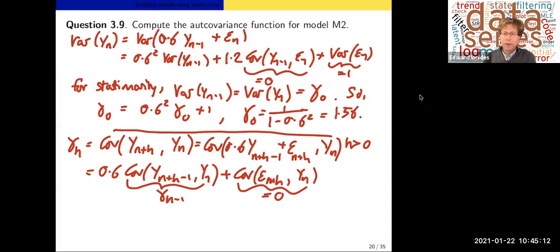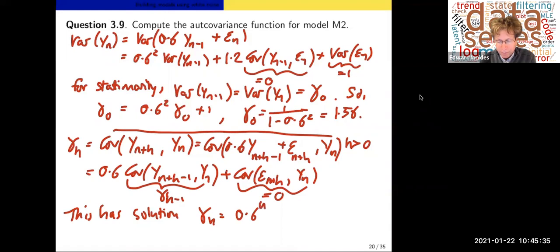So I get gamma h is 0.6 gamma h minus 1, and this has solution gamma h is 0.6 to the h gamma 0, which is 0.6 to the h over 1 minus 0.6 squared, times 1.56. Okay, that's the autocovariance function.